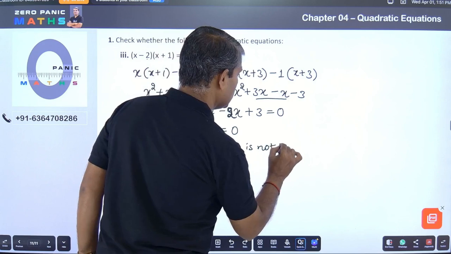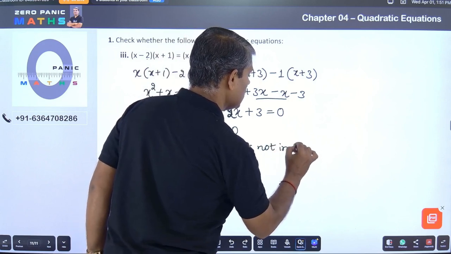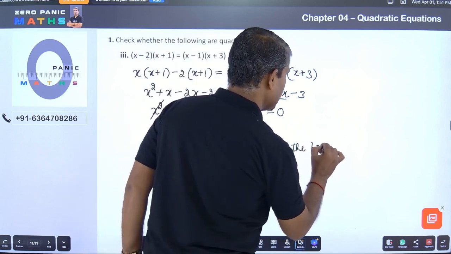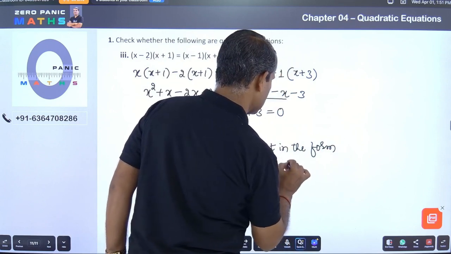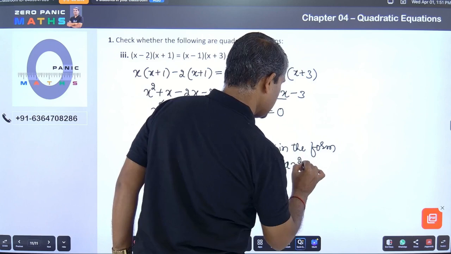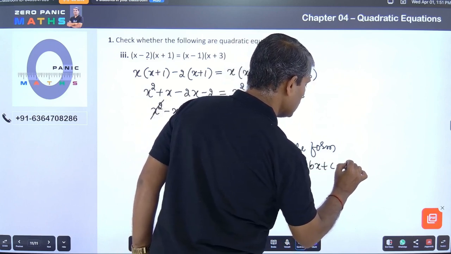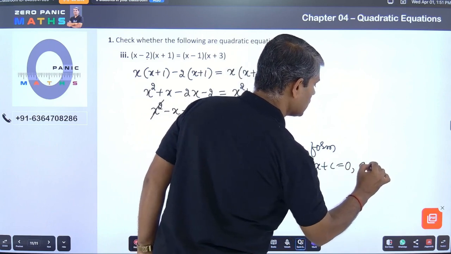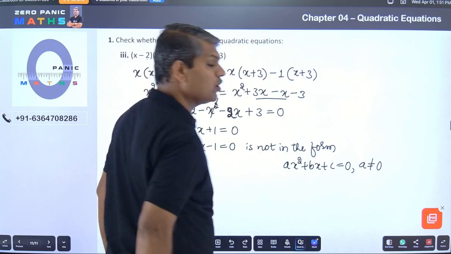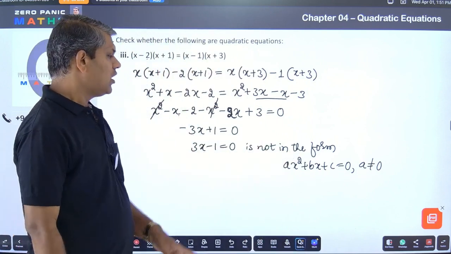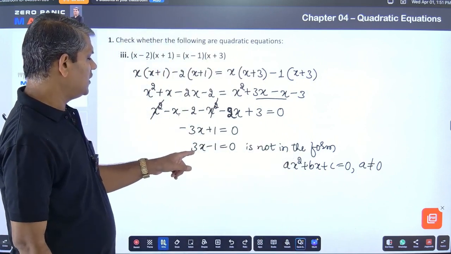ax square plus bx plus c equal to 0, and a not equal to 0. That is very important. Why are we saying this is not in the form?